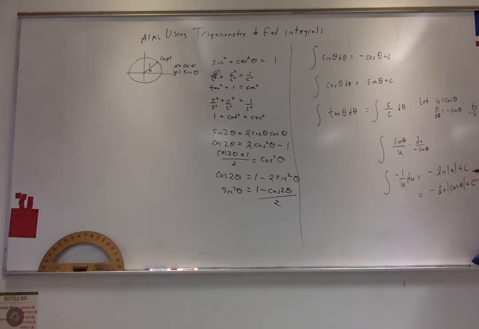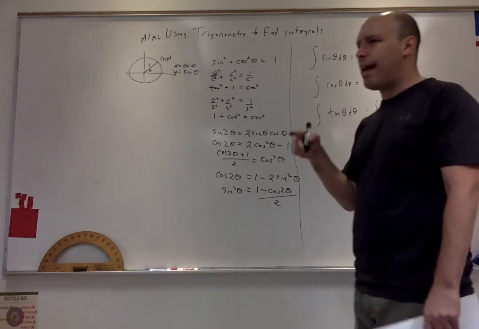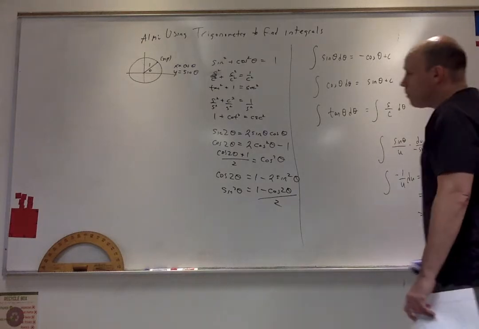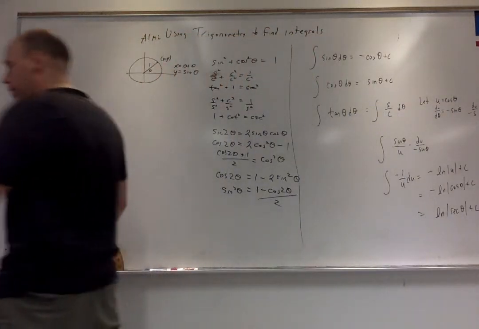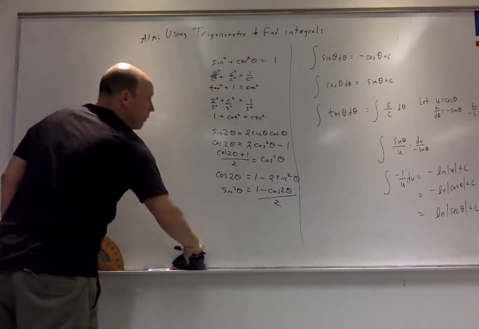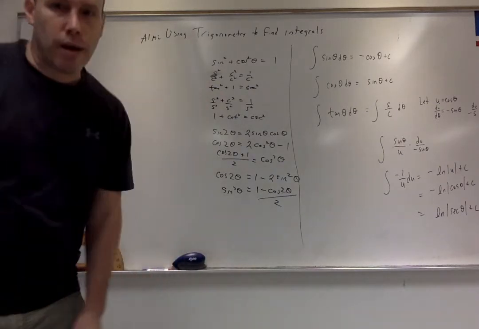But in the formula book, because they don't leave it as negative ln cosine, you know from logarithms we bring the negative up there, and it becomes ln secant theta plus c. Okay, let's move on. I'm going to keep these up here. So that's our first degree.